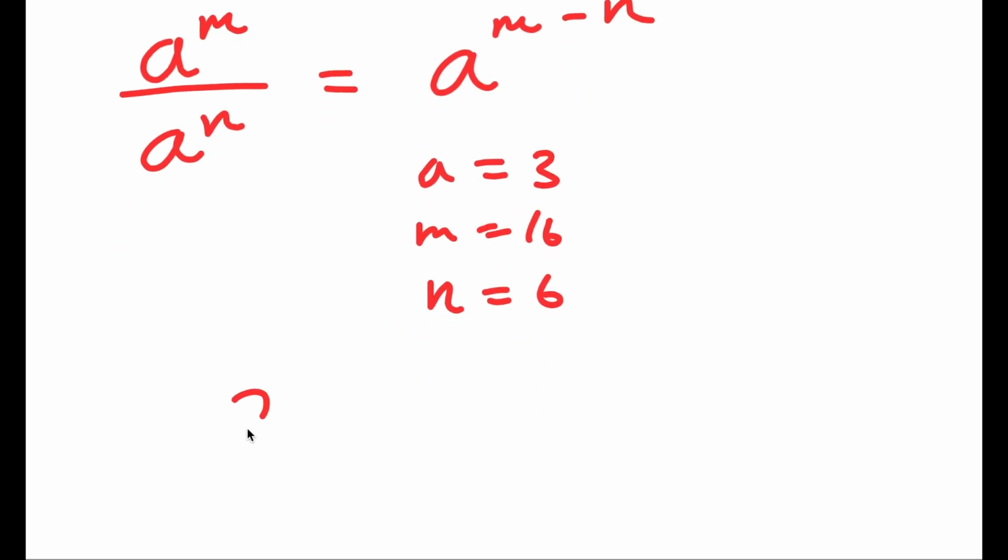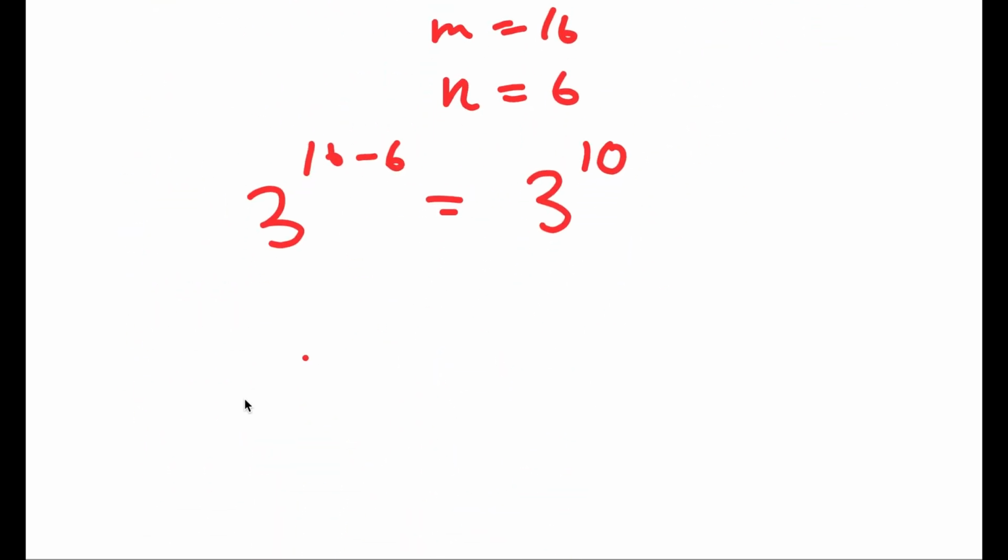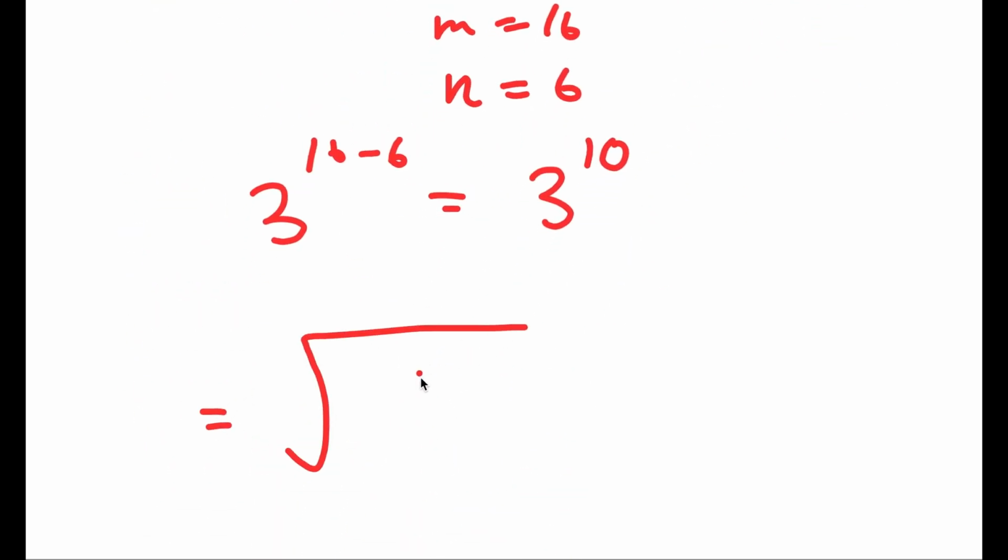So this turns into 3 to the power of 16 minus 6, which is equal to 3 to the power of 10. So I have the square root of 3 to the power of 10. And remember, k is the value of all this.